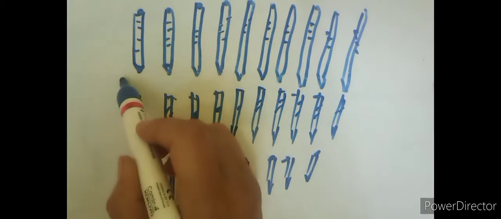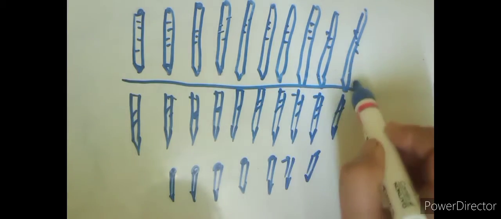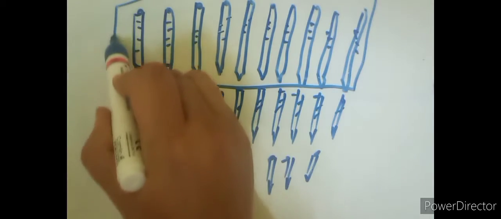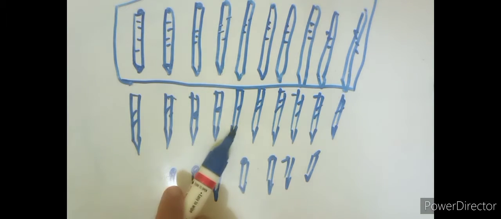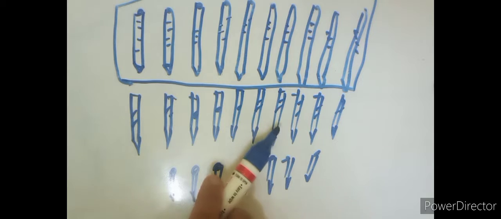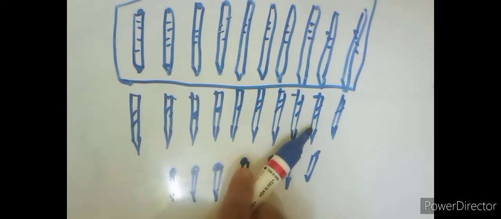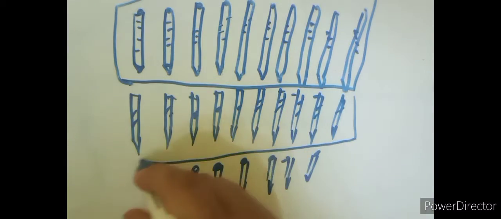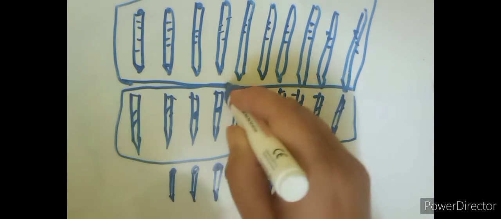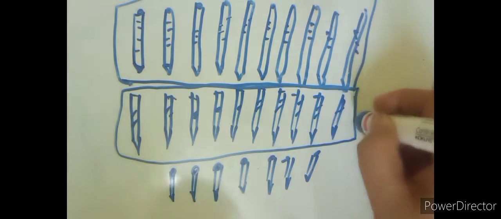Now firstly I have made a tens group. Okay. Now again you have to start counting. 1, 2, 3, 4, 5, 6, 7, 8, 9, 10. Okay. Now again I have made a group of 10 pencils.